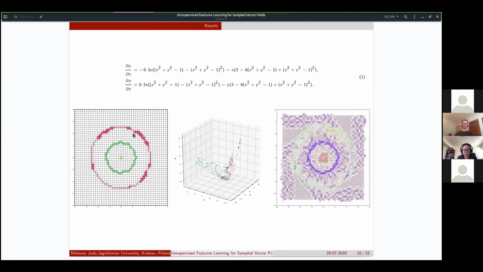It depends what you mean by ground truth, because here we have finite information. The question is how we can represent the ground truth by the finite information. But actually, the ground truth in the continuous space is like here: we have the two periodic orbits and the attracting point in the middle, and the method can extract that from the finite information also. So in some sense, this is ground truth.